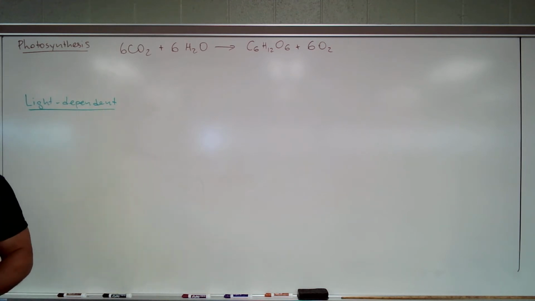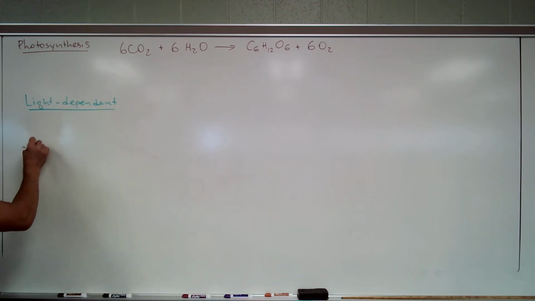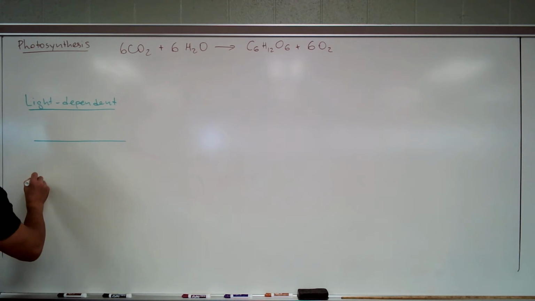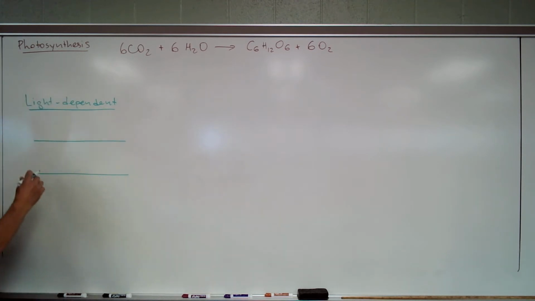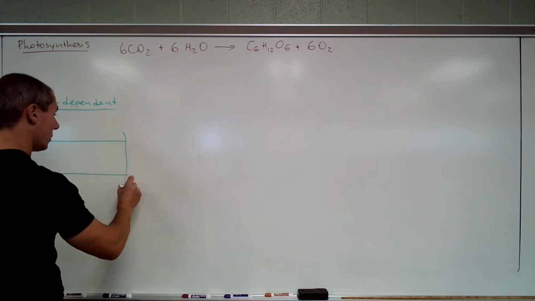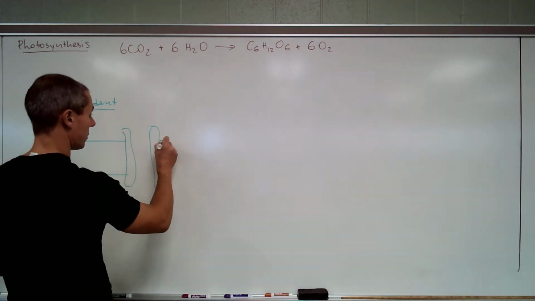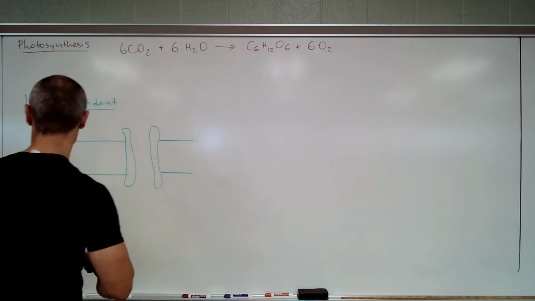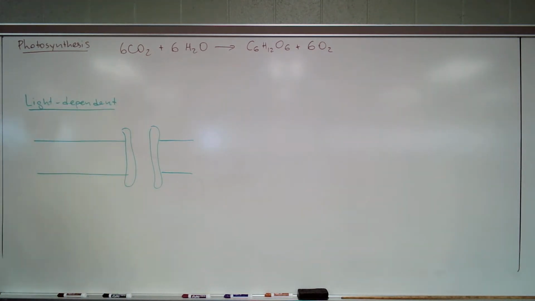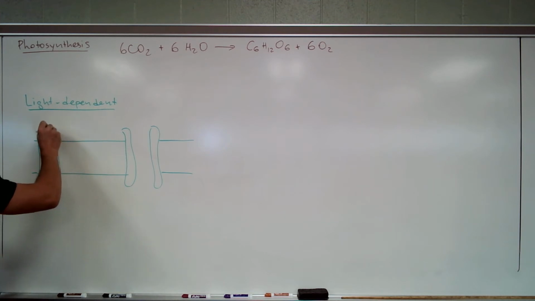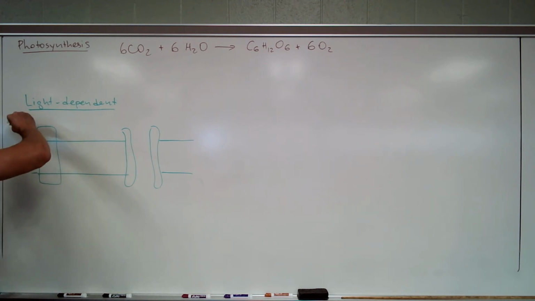So in light dependent reaction, this is the membrane. We're going to draw some structures here. Okay. I'm going to draw it as it goes. So in light-dependent reaction, light is absorbed by so-called reaction center. So this is light.